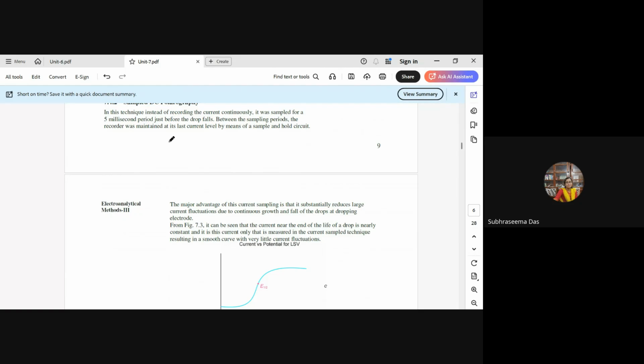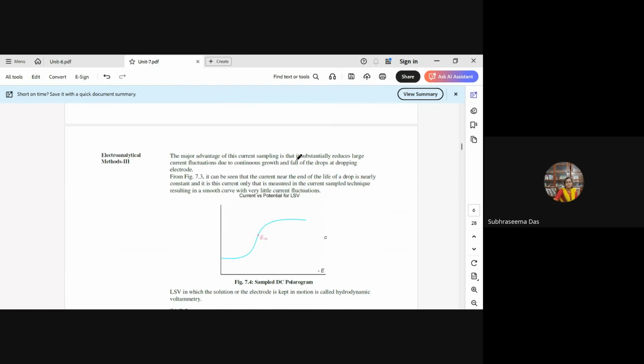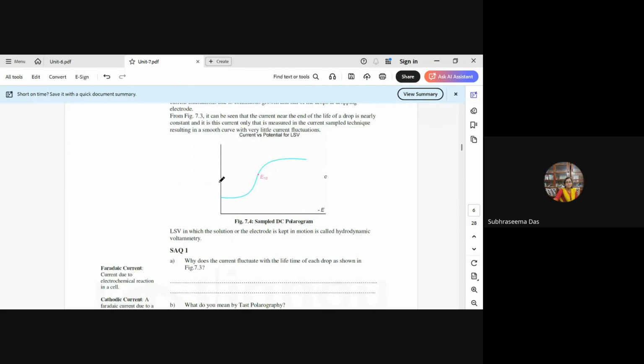The major advantage of this current sampling is that it substantially reduces large current fluctuations due to the continuous growth and fall of the drop at the dropping electrode. In figure 7.3 we see that the current near the end of the life of a drop is nearly constant, and only this is measured in the current sampling technique, resulting in a smooth curve.